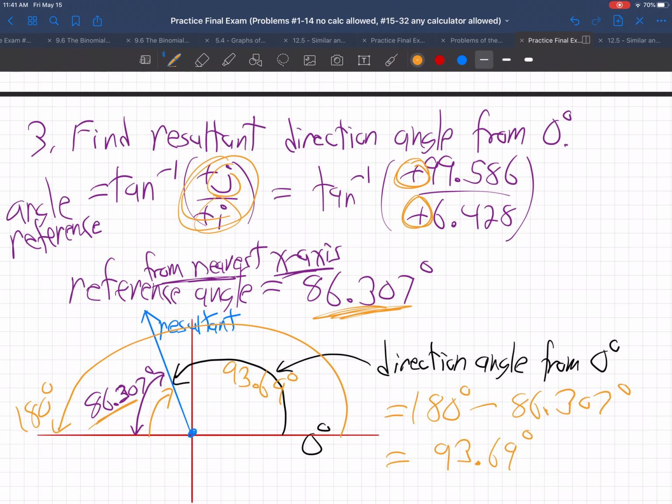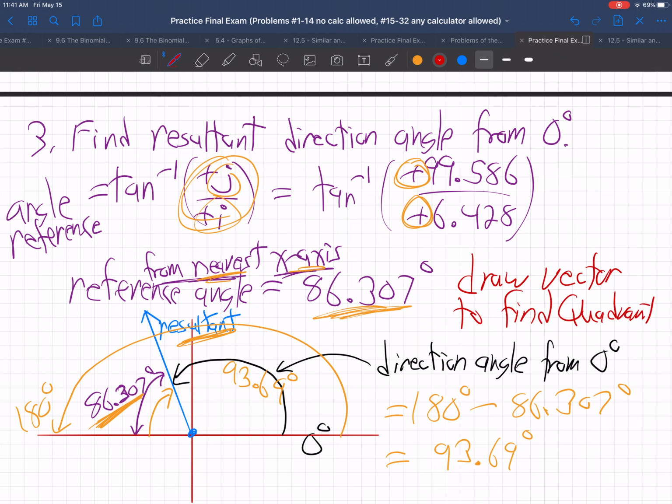It refers to the nearest x-axis. So put your reference angle, draw your vector. You've got to draw your vector. See how I drew the resultant vector, because you've got to see which quadrant it's in. So you can't skip that. That's the step most people skip. Draw the vector to find the quadrant you're in.